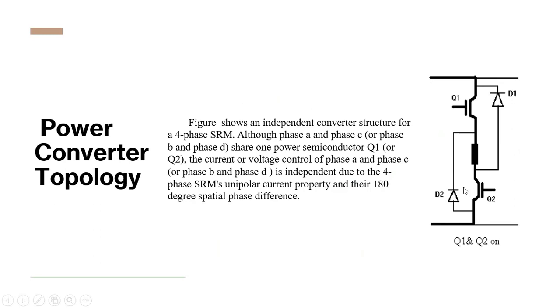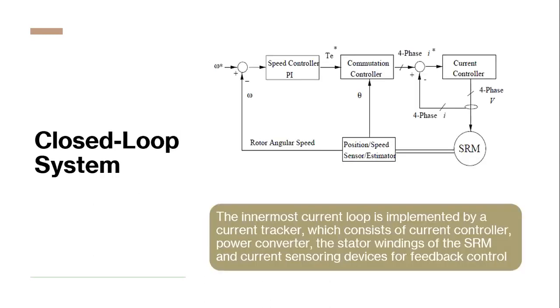The D1 and D2 control the back EMF that is produced by the SRM, and the Q1 and Q2 control this particular phase. Here this black is the winding per phase, so we need this analysis for a particular phase.